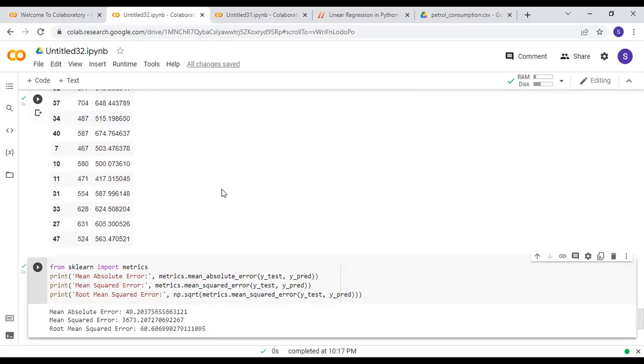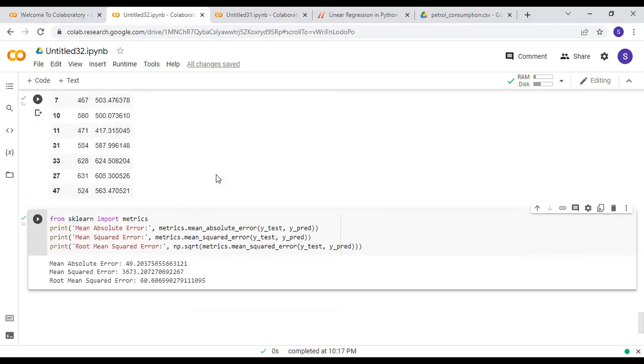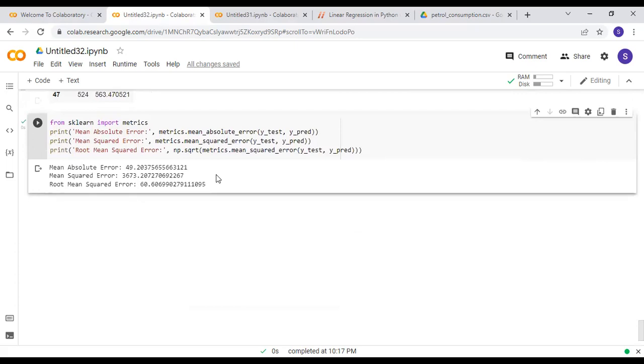Any problem? No, sir. So this is all about multiple linear regression.